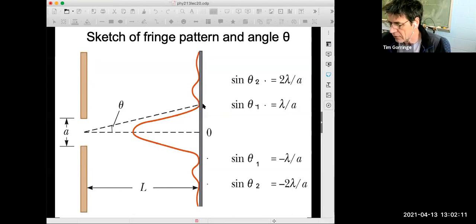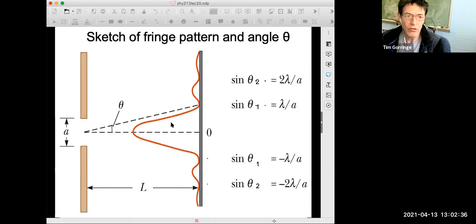So there's a dark fringe here upstairs. There's another dark fringe upstairs here. And then there's corresponding dark fringes downstairs, one here and one here. And this first dark fringe away from the maximum on either side, that's the first order dark fringe. This second dark fringe away from the maximum, that's the second order dark fringe.